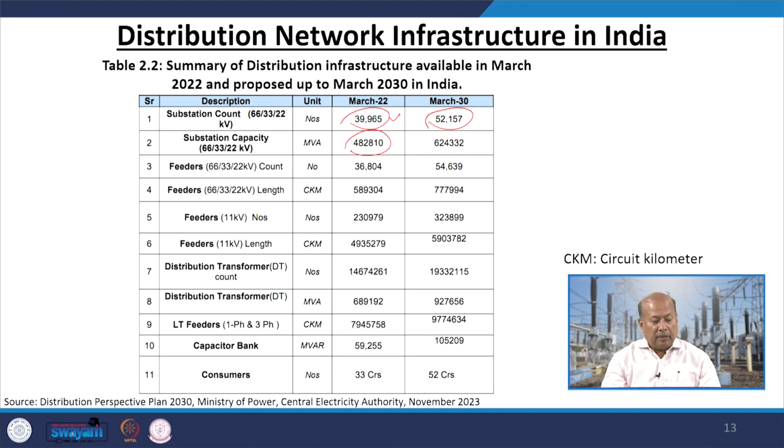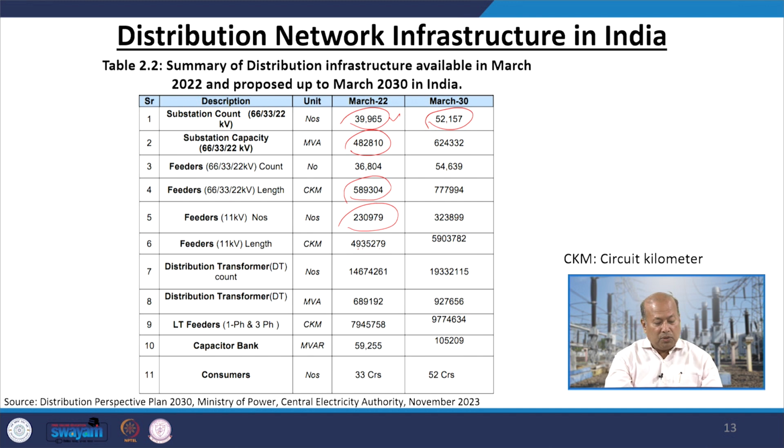Feeders, the numbers are again close to 36,000 and the feeder length is close to 600,000 circuit kilometers, very, very huge. And the 11 kV feeders will number close to 230,000, and the feeder length is close to 50 lakh circuit kilometers of 11 kV feeders.